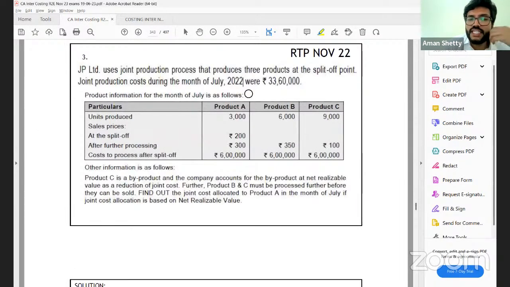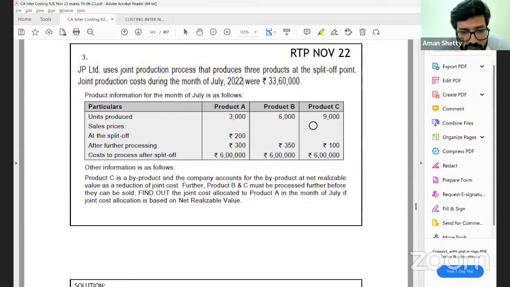Okay. Next. JP Limited uses a joint production process that produces three products at split off point. Joint production costs during the month of July 2022 were 33 lakh 60,000. That is the joint cost. Units produced and sold at split off are given, after further processing is given, and the cost to process after split off, that is further processing cost, is given.